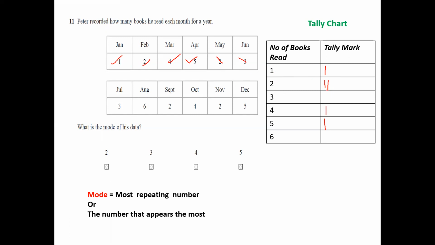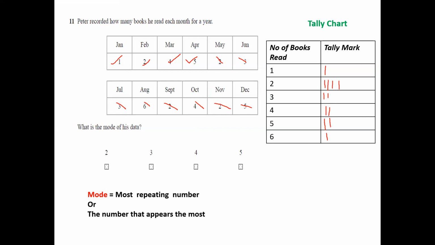June, 3 books. July, 3 books. August, 6 books. September, 2 books. October, 4 books. November, 2 books. And December, 5 books.